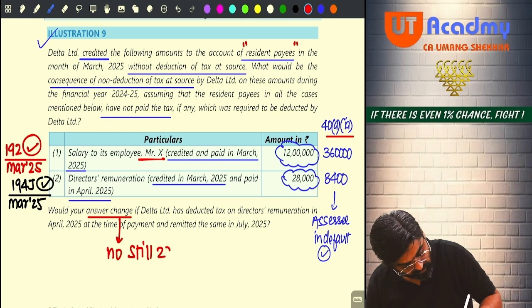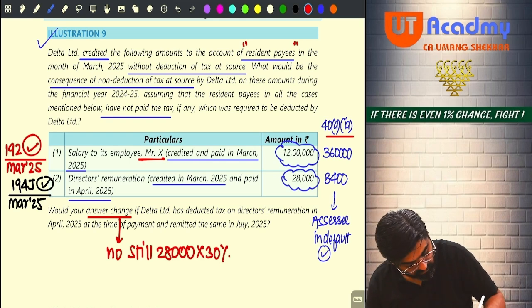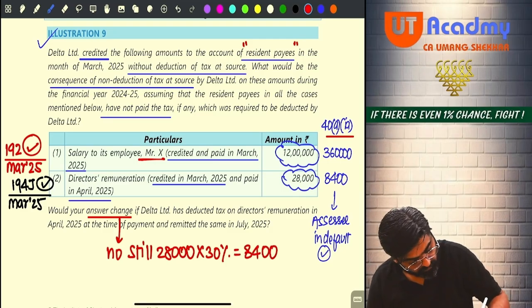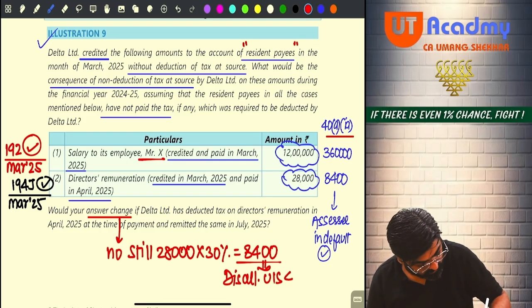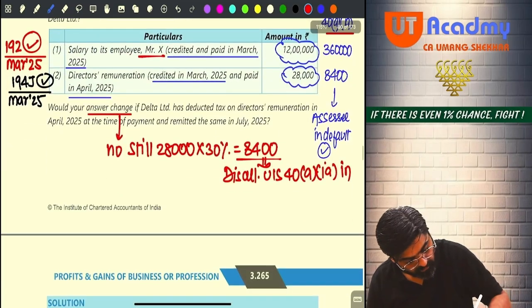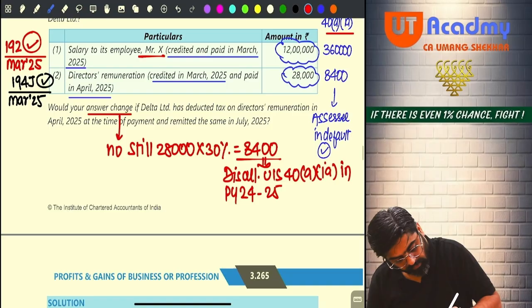28,000 into 30% is equal to 8,400, will be disallowed under section 40A IA in previous year 24-25.